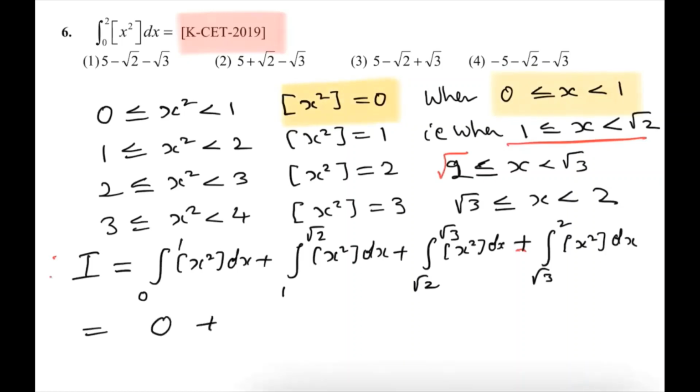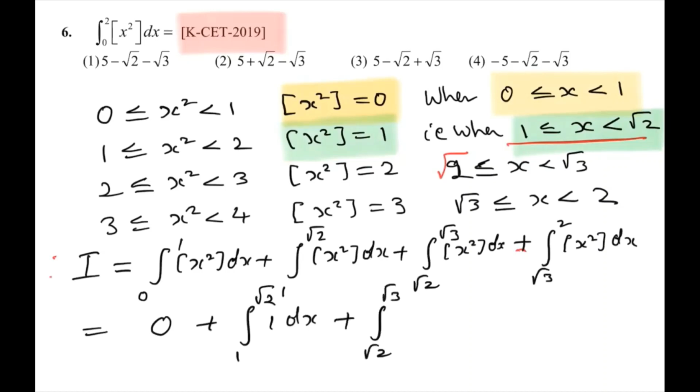When x lies between 1 and root 2, that is 1 ≤ x square < 2, bracket x square is 1. So you can write it as the integral from 1 to root 2 of 1 dx, plus the integral from root 2 to root 3 of 2 dx, plus the integral from root 3 to 2 of 3 dx.